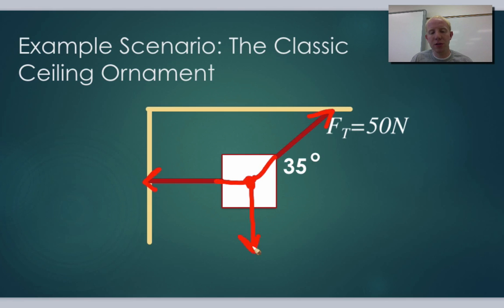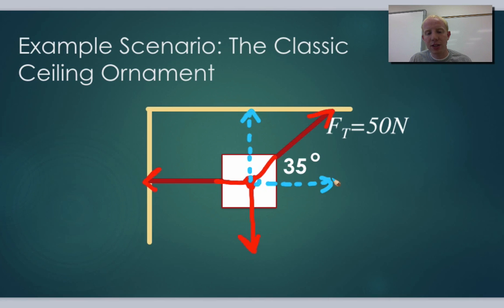Okay, but this is weird because right now there's no force directly opposing gravity and there's no force directly opposing this horizontal tension. So there needs to be balancing coming from this force. Now remember those two numbers we just found? We can think of this force, rather than being just one random angled force, as being two forces, one in the horizontal direction like this, and one in the vertical direction, the y direction, like this.